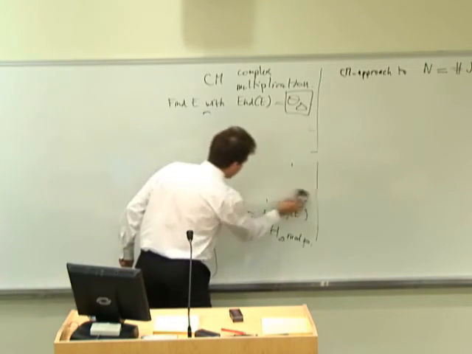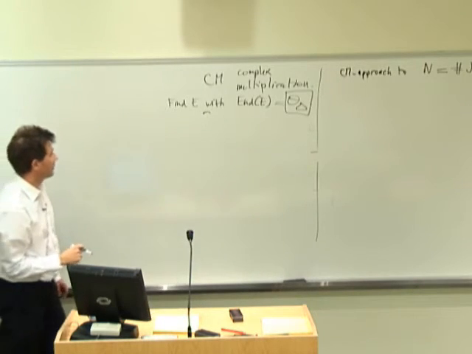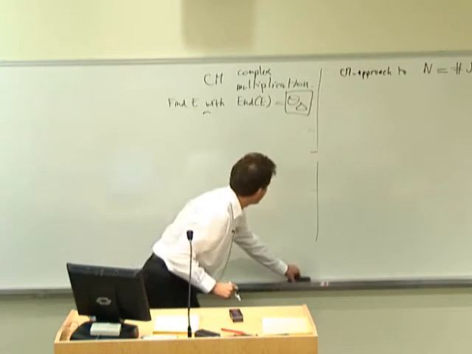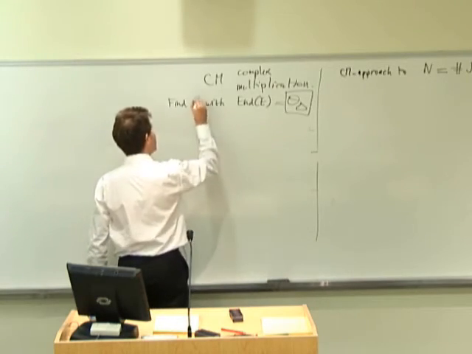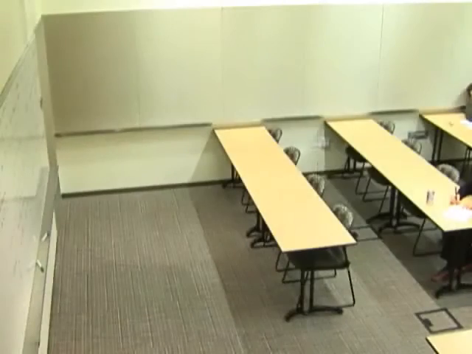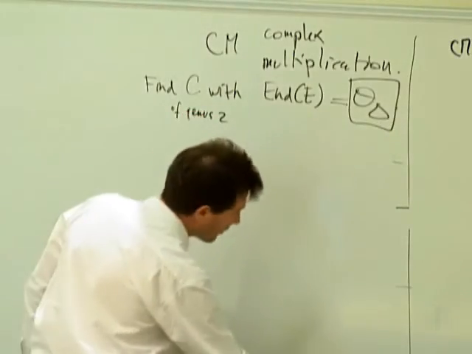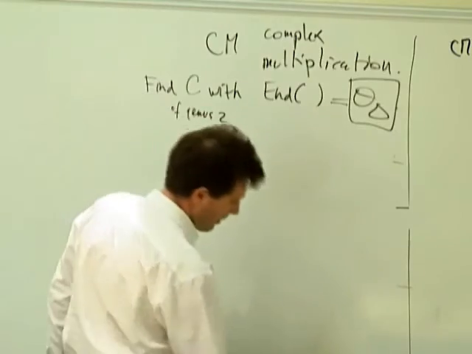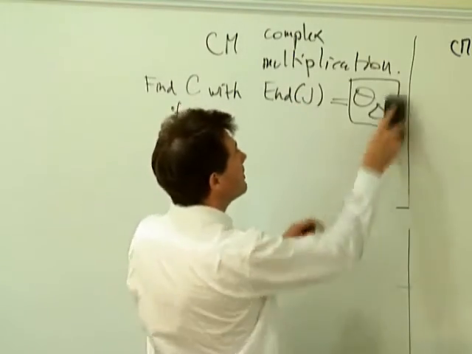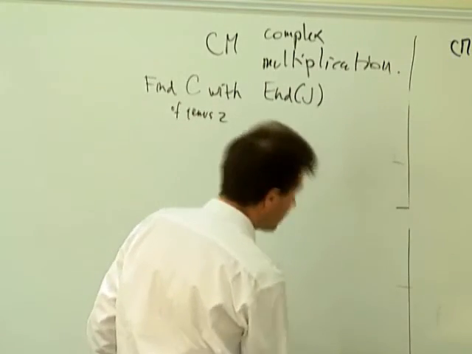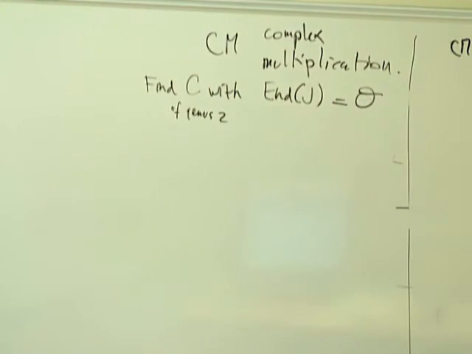So rather than finding an elliptic curve with a given endomorphism ring, the theory finds you a curve C of genus 2 such that the endomorphism ring of the Jacobian is whatever it should be, some order O, and O is now an order in a quartic field.